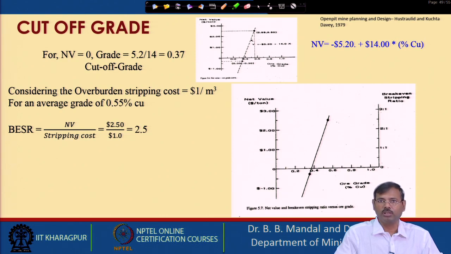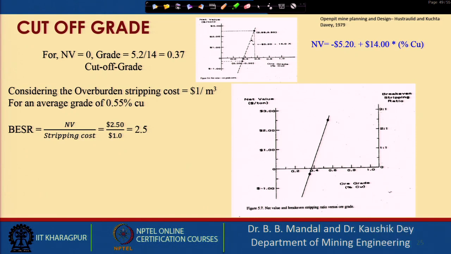That is why we consider it below cutoff grade and we are not carrying out mining. But it may be possible in the future that our milling technology is changed, or refining technology is changed, or maybe the mining technology is changed. So, the $1 per ton we considered in the mining may become $0.8 per ton. In that case, we can fetch a profit in the system.